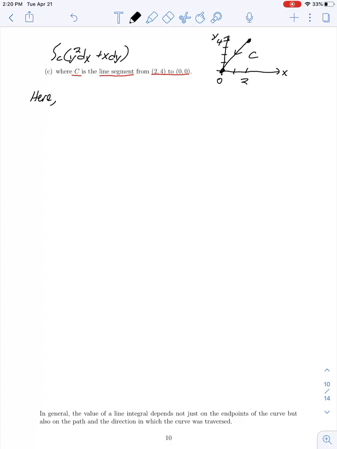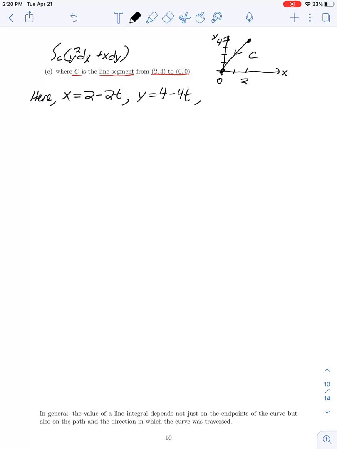So parametric equations for this line segment, we could define by taking x as our initial x value, which was 2, and then our direction vector was (-2, -4), so we would have 2 - 2t. And for y, we would take our initial y value, which was 4, minus 4t.